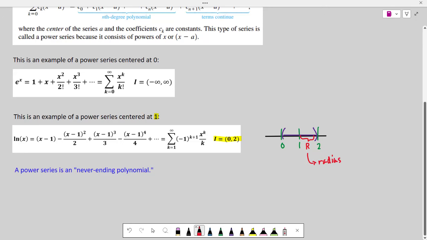And it feels weird that they call it the radius of convergence when we're dealing with an interval. We normally don't think about an interval as having a radius. What is it that we think of when we hear the word radius? A circle.